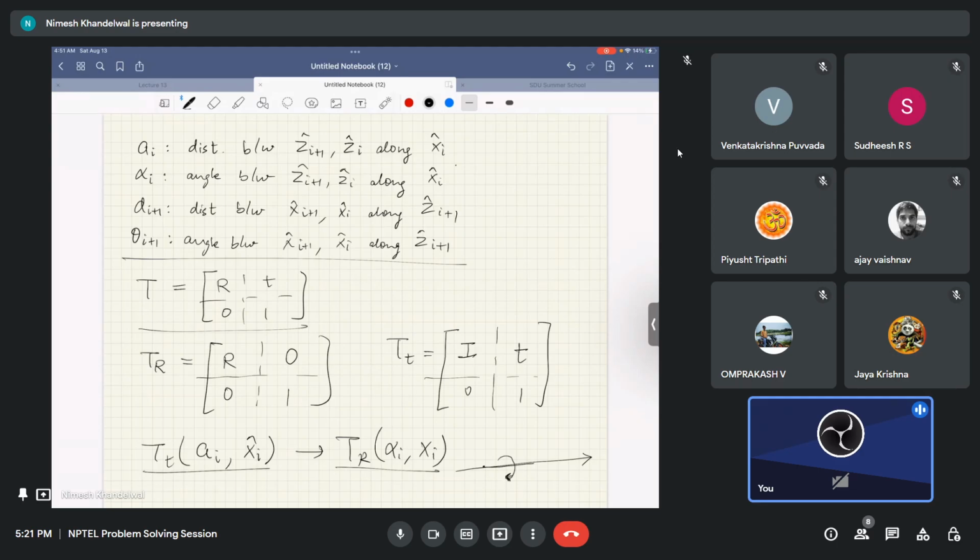Have you seen any motion of this kind happening anywhere, where when you rotate about a particular axis, you also translate about that axis? Does the word screw ring any bell?